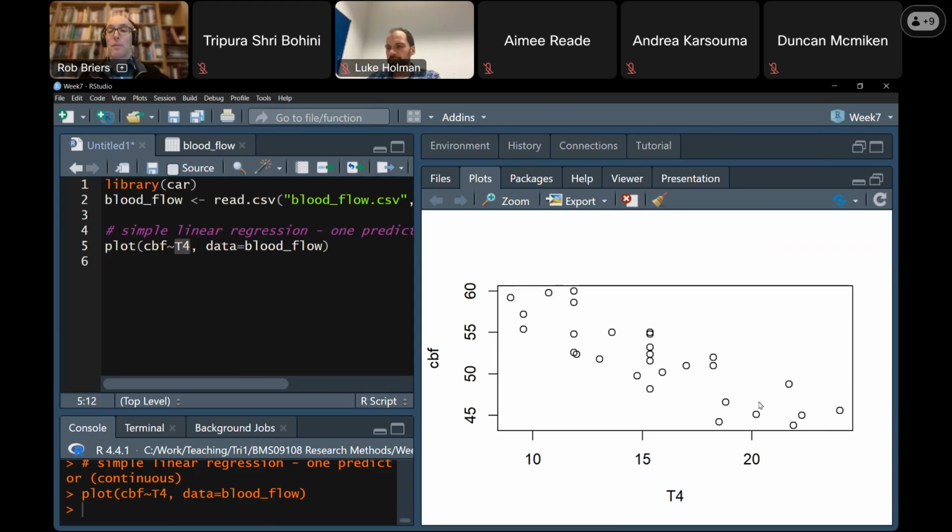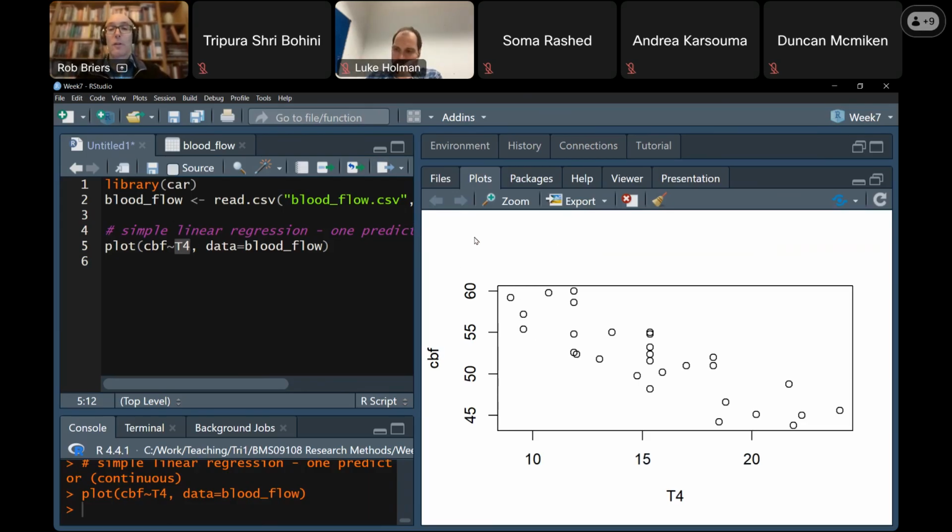That looks like a pretty straight line. There's not any really obvious curvature. Now, you don't always see it in exactly a straight line by any means, but what you're looking for is a really obvious deviation. If, for example, it went down in a curve, or went up in a curve, rather than looking broadly like a straight line, then you've got to think, okay, I might need to do something about that, because you can't use linear regression on something that isn't a straight line.